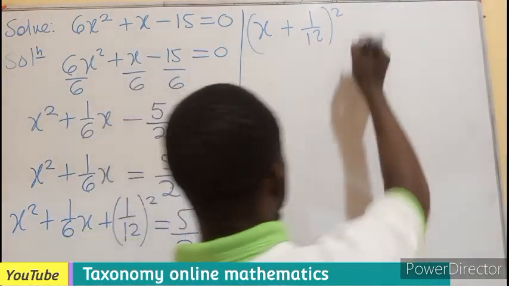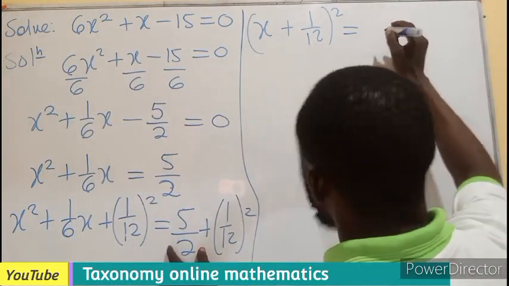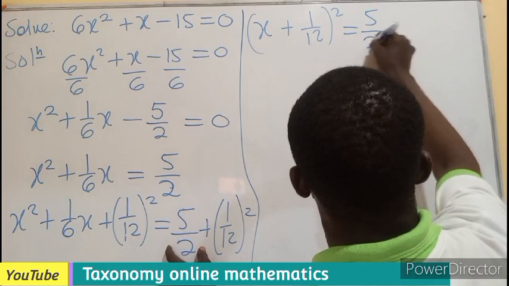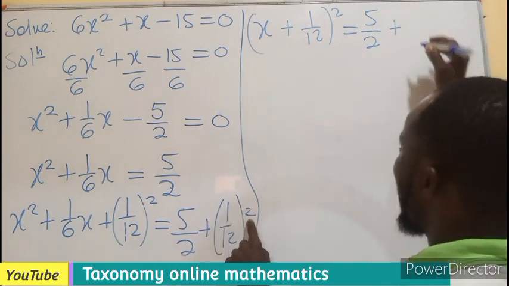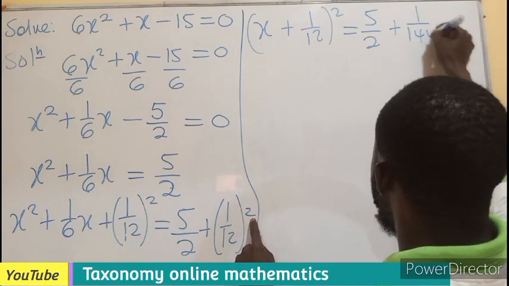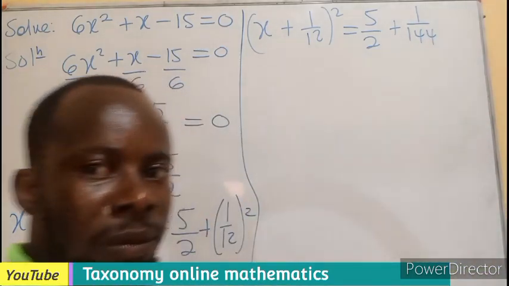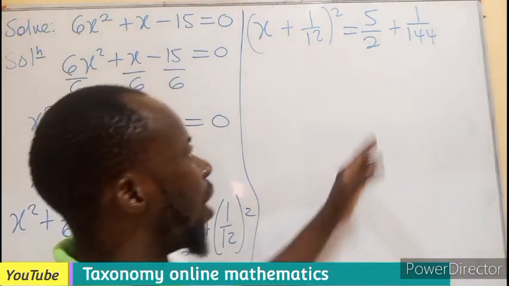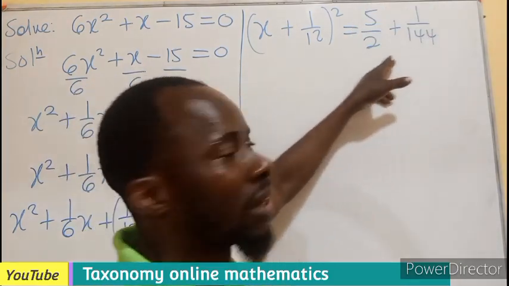So that will be equal to 5 on 2 plus, 1 squared will be 1, 12 squared will be 144. Right?